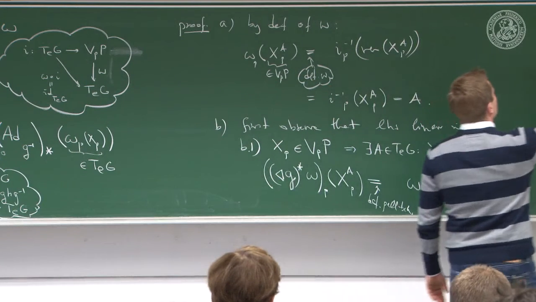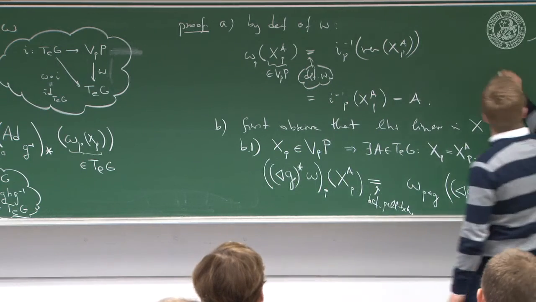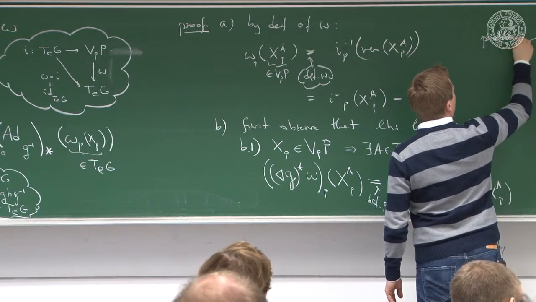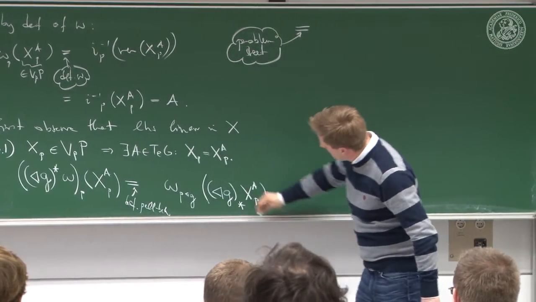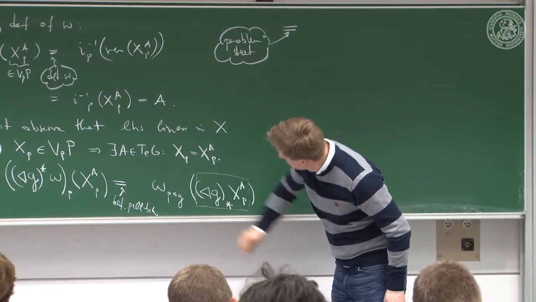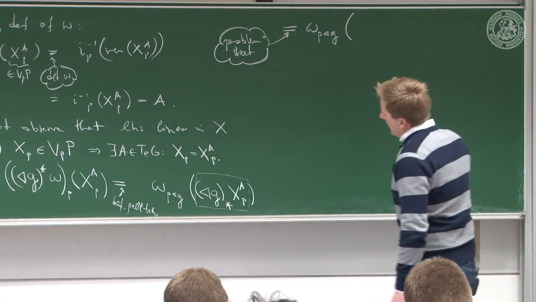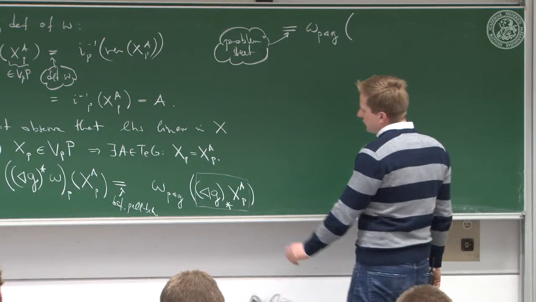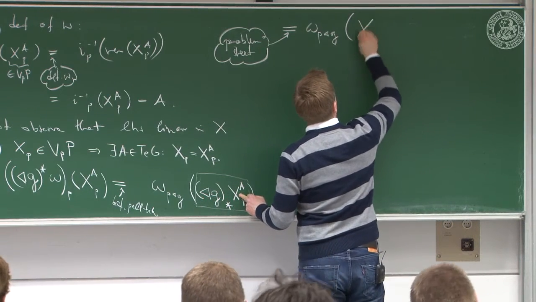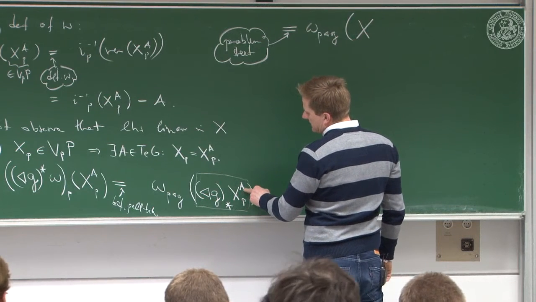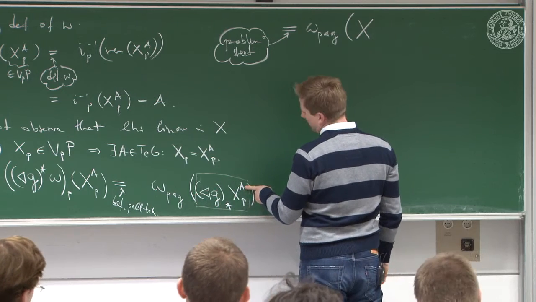Now, there is a step that is a little technical, but not uninteresting, and I will move it to the problem sheet. This step talks about what's in the bracket here. So it's again omega at p acted upon from the right. And it turns out that if you push forward the thus generated vector field, you get a vector field, no surprise, and you can actually calculate from what other Lie algebra element this push forward vector field is generated.